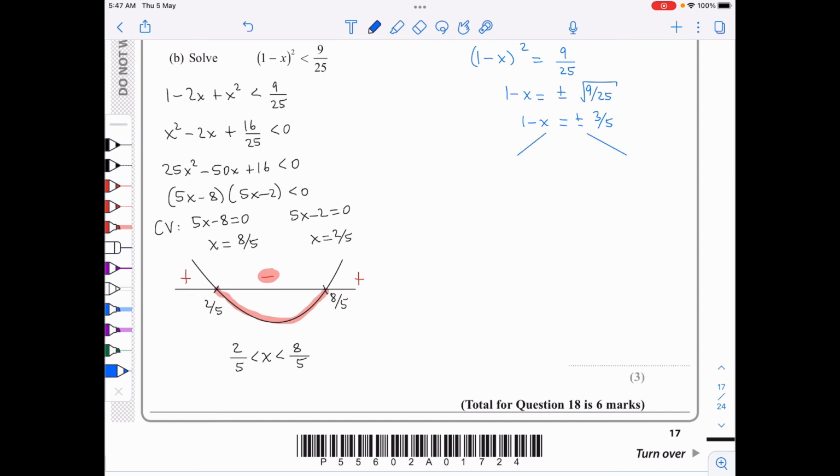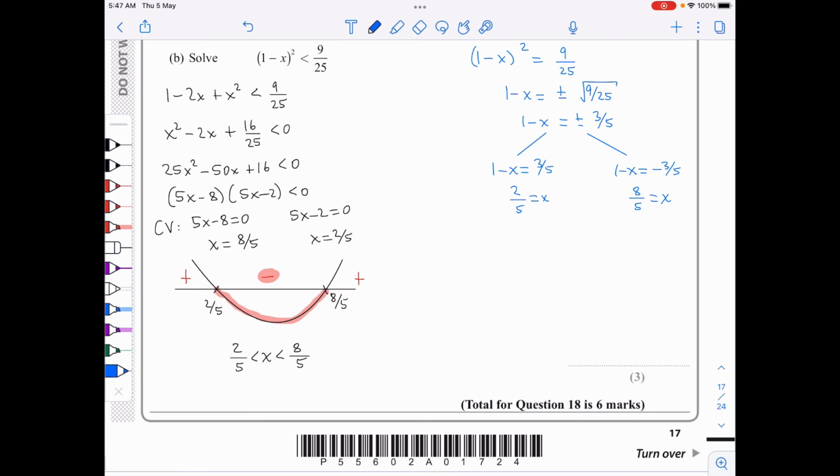This means that either 1 minus x is 3 over 5 or 1 minus x is minus 3 over 5, which means 2 over 5 is x or 8 over 5 is x. And these are the critical values.